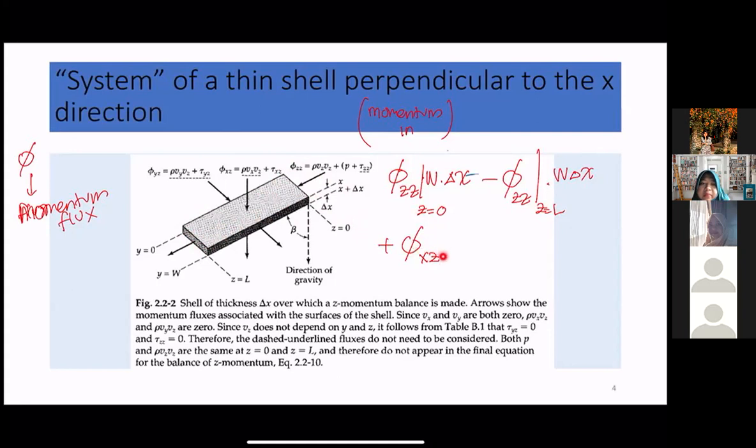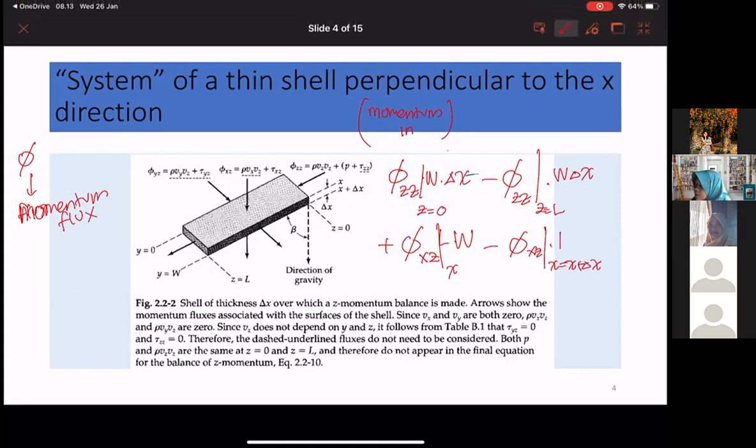W times L, yeah, L at x equal to x. And then minus Cxz when x equal to x plus delta x, that will be the same as well, multiplied again with LW. And if you want, you can also add Cyz and the outer one.